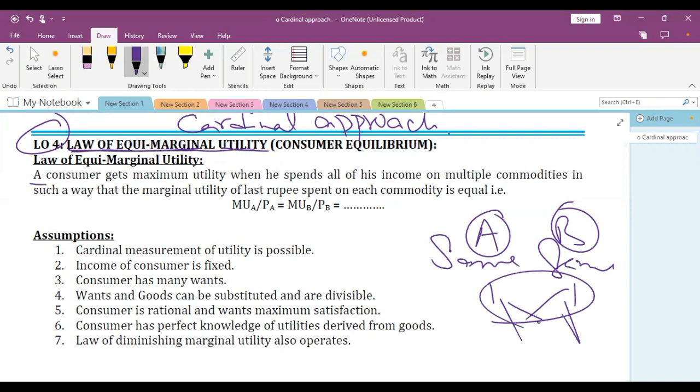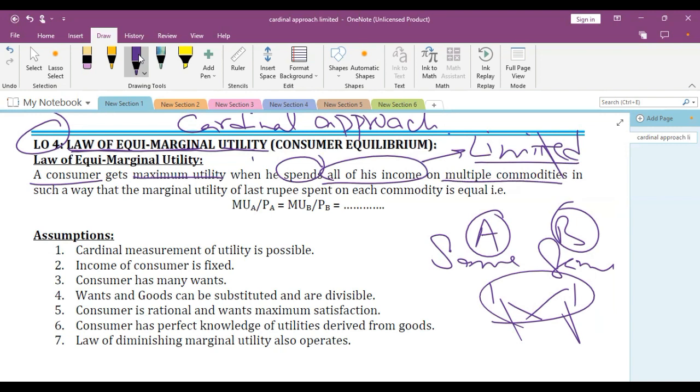A consumer gets maximum utility when he expends all his income. You know that the consumer always wants to expend his limited income. So he will utilize his limited income on multiple commodities. Commodities means products.